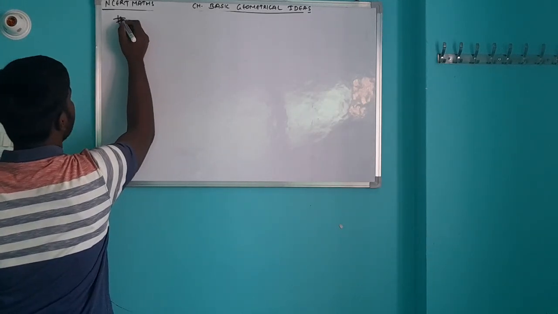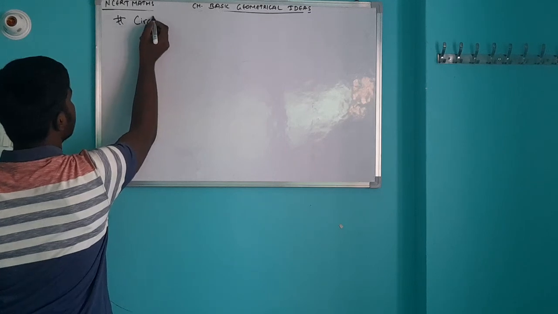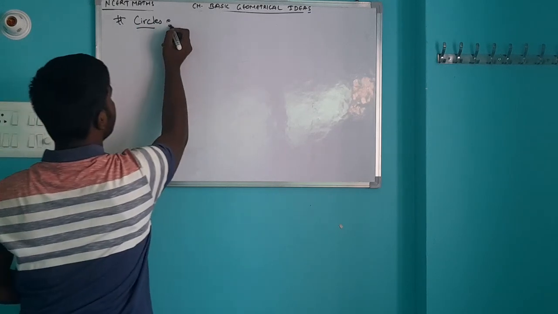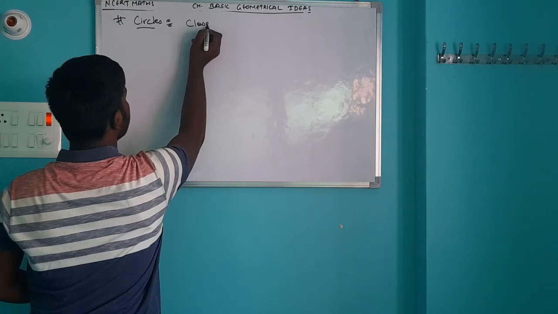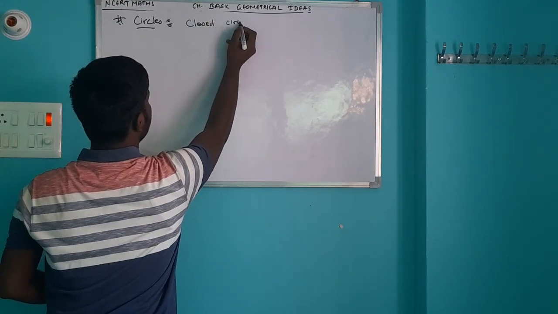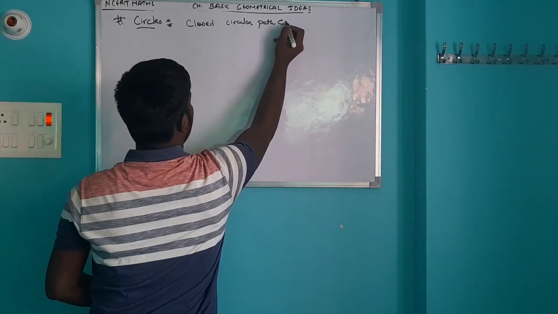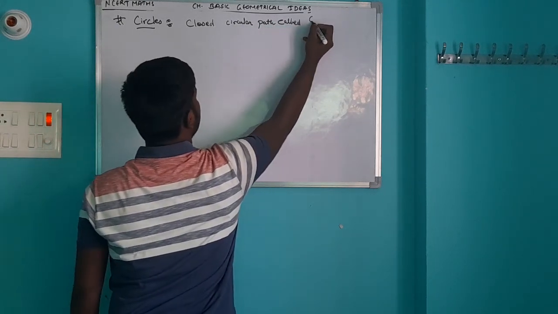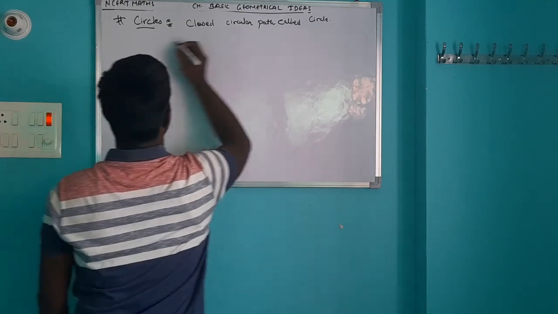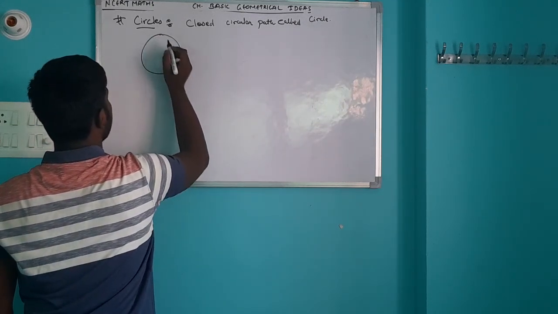So our next topic will be circle. Its definition will be a closed circular path called a circle, which is represented as a round circle.